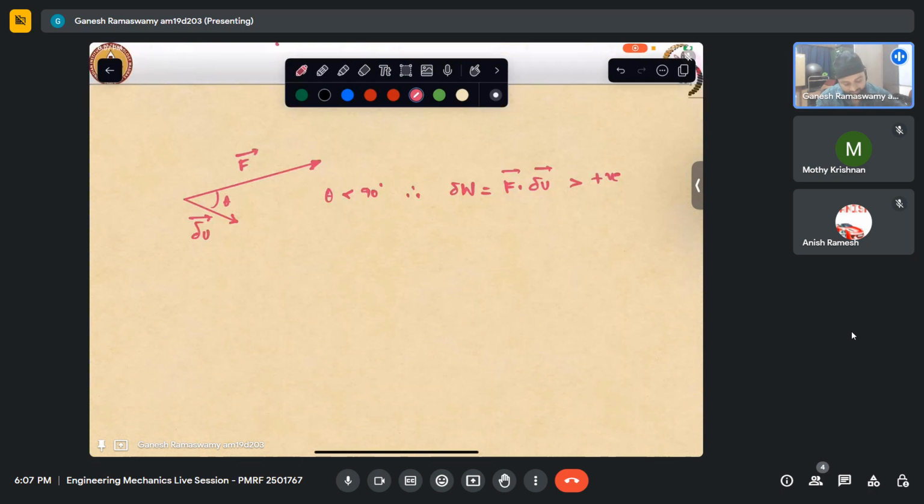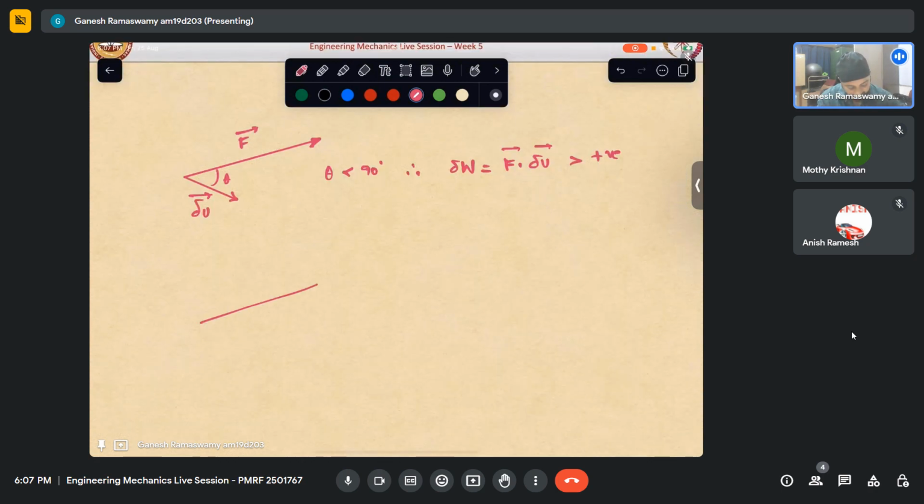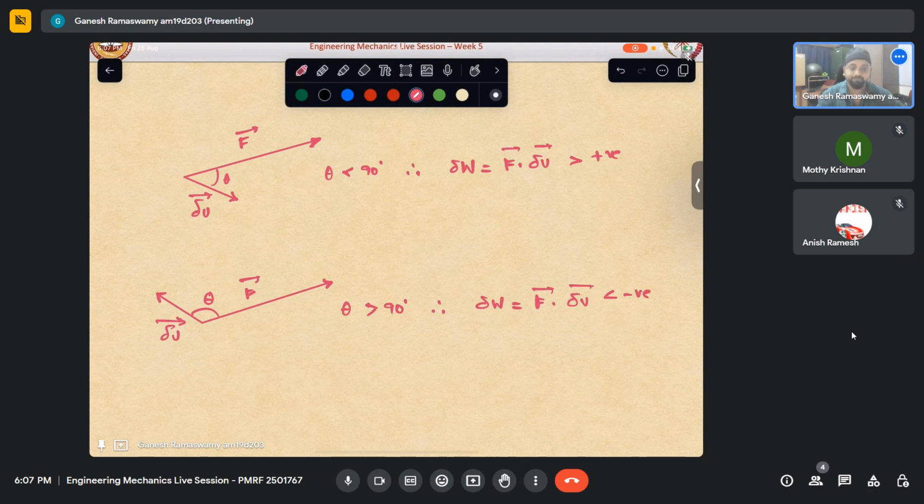At the same time, in the same system, if the force were acting like that, and if I introduce a virtual displacement like that, we are able to see that theta is greater than 90 degrees. Therefore, virtual work is force dotted with delta U, which is negative.